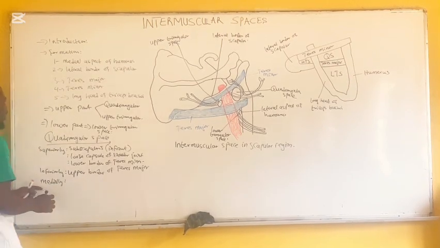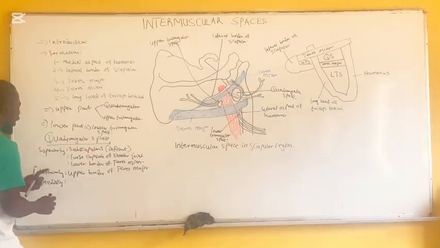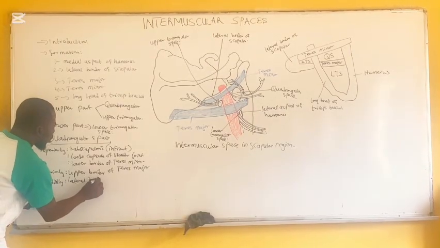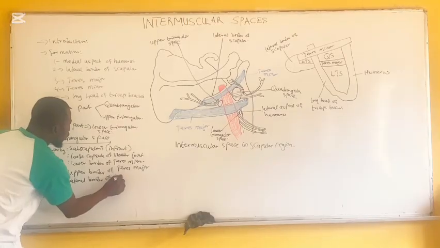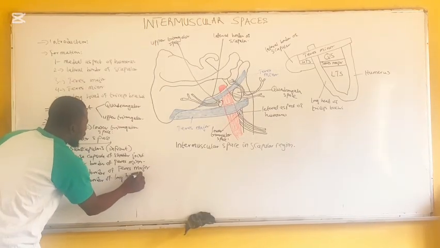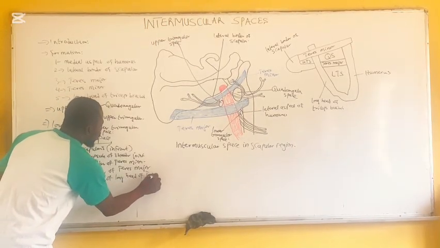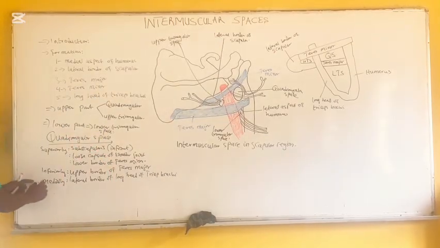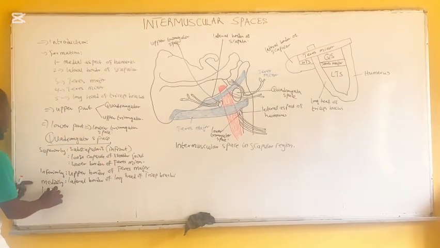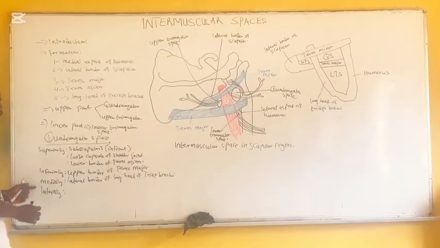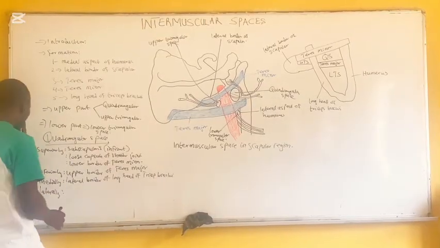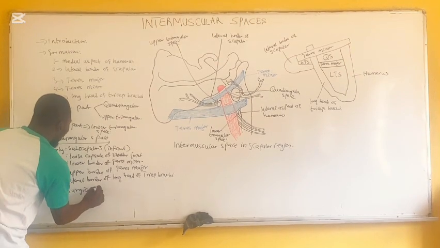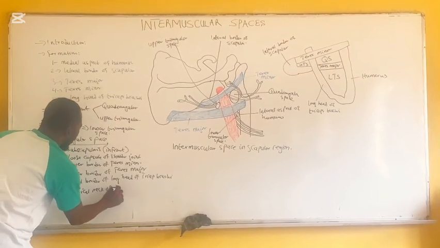Medially, it is bounded by the lateral border of the long head of triceps brachii. Then laterally, the quadrangular space is bounded by the surgical neck of the humerus.